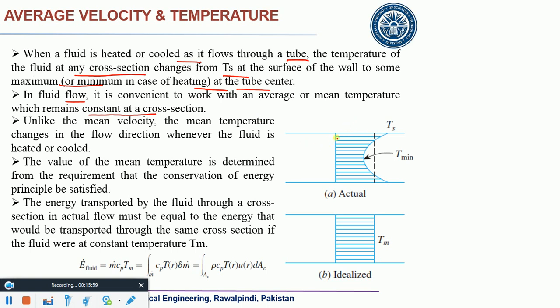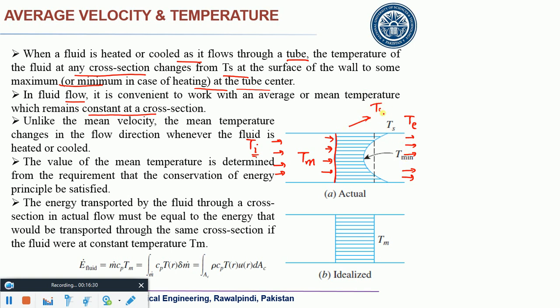Problem is that if you have this mean temperature, let's say the fluid is entering this pipe at a temperature of Ti, let's say T inlet, and this is going out at a temperature of T exit, and I am just considering this Ti as the average temperature of this whole cross section. This Te is the average temperature at this whole cross section.